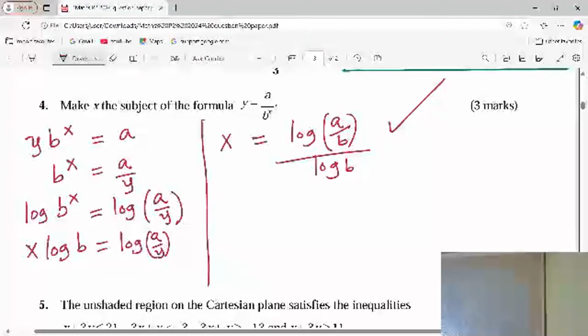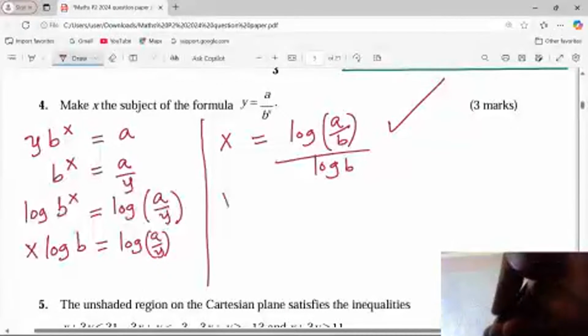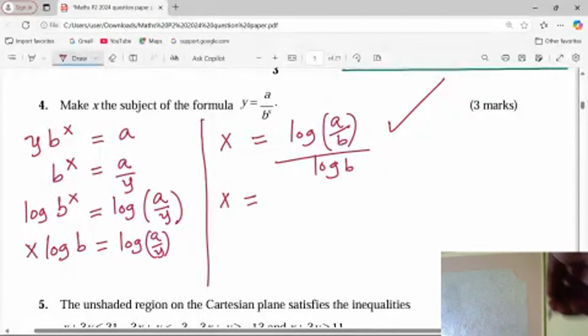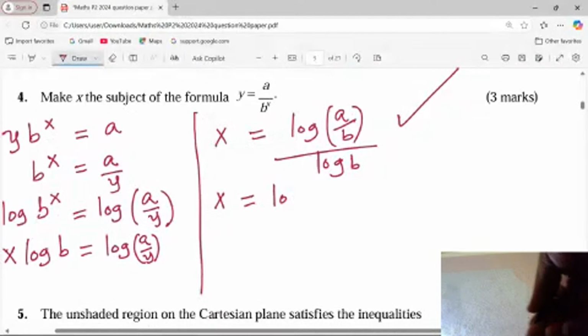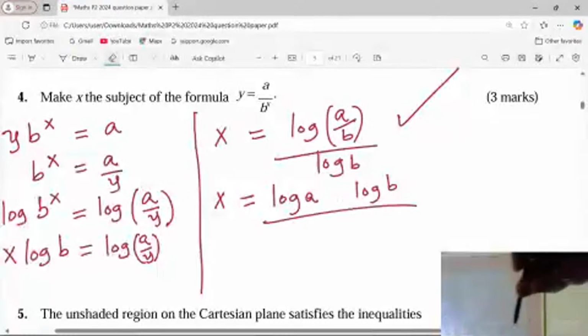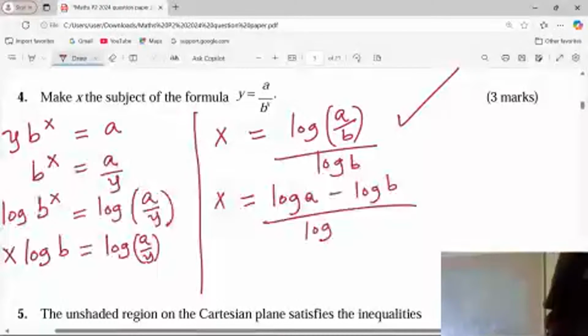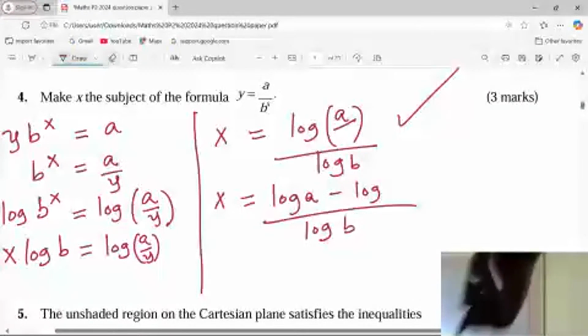Having x as the subject, the logarithm on the numerator can be further simplified by remembering that instead of division, we can separate it: the log of a minus the log of y, because we have divided, all over the log of b. I'm talking about y at this point.